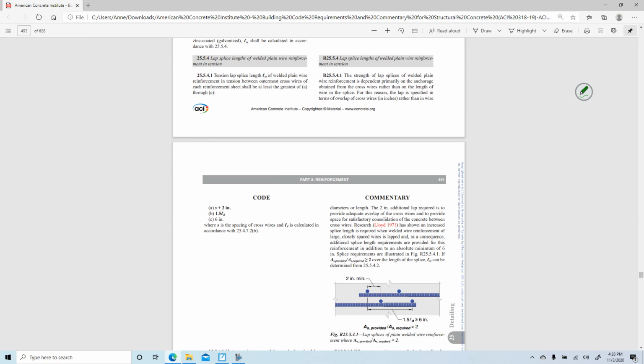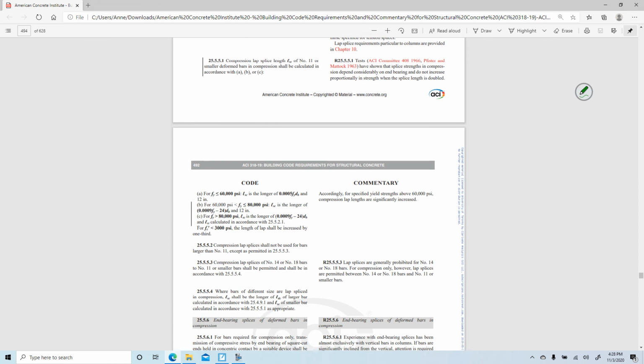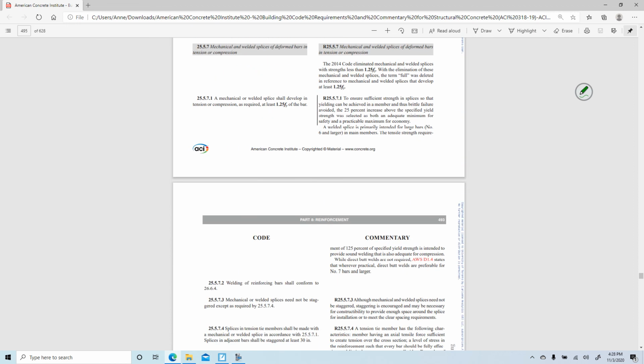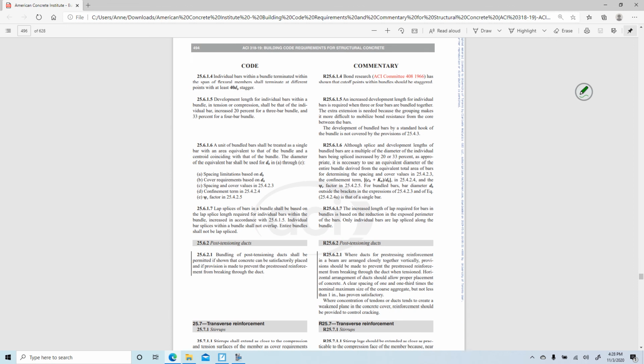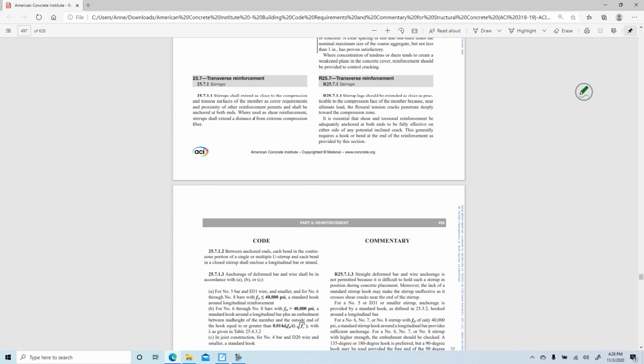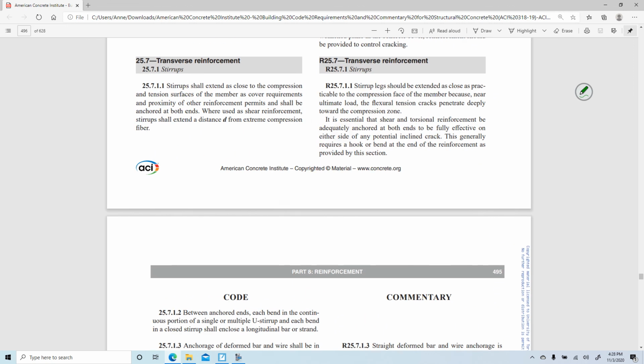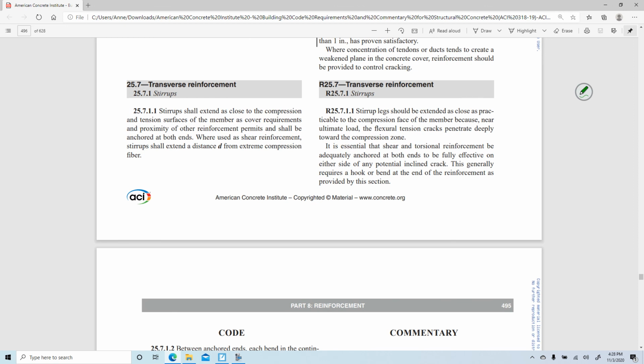We haven't been able to get into splices and development length, but basically it takes a certain amount of anchorage for reinforcement to develop its strength. It has to be bonded to the concrete. You've got to go out a little ways.